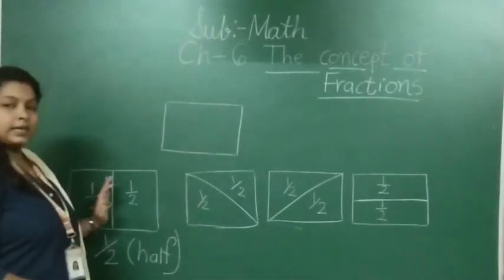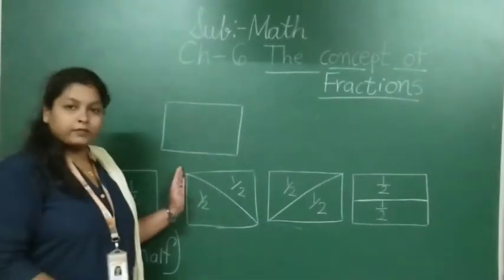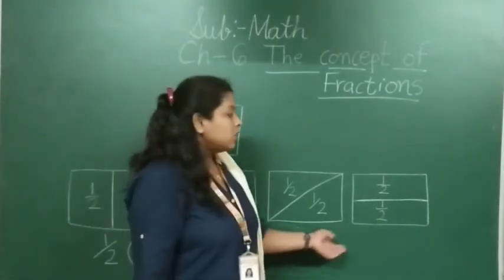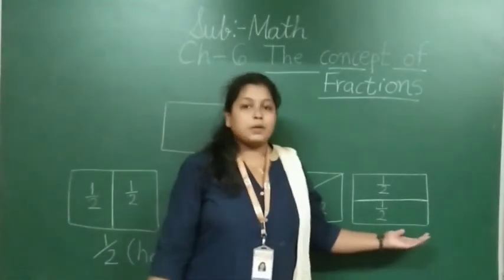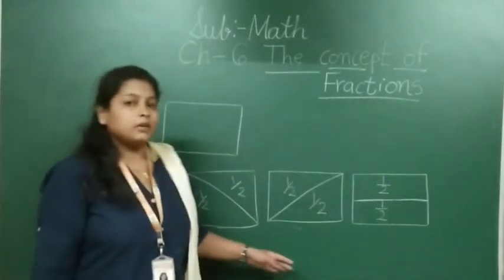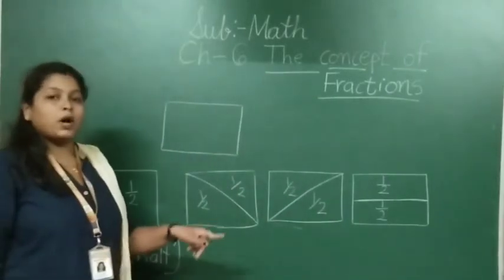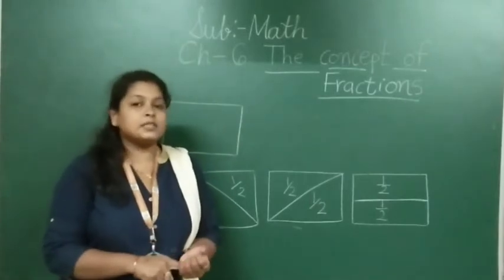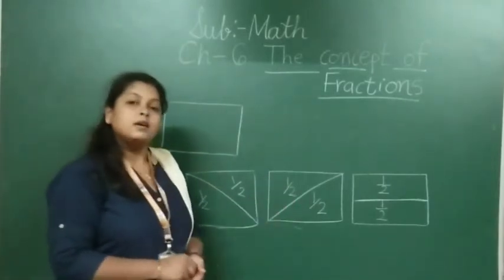First I have done the standing line over here, then a slanting line from corner to corner. Same in this, but the directions are changed. And in this I have done the sleeping line. So here you can see we have learned about 1/2. मतलब कि कोई भी एक चीज का हाफ पार्ट, आधा हिस्सा कैसे बनता है, that we have learned.